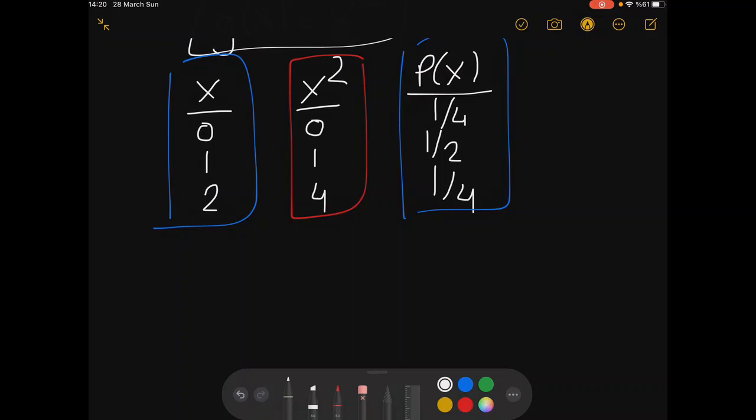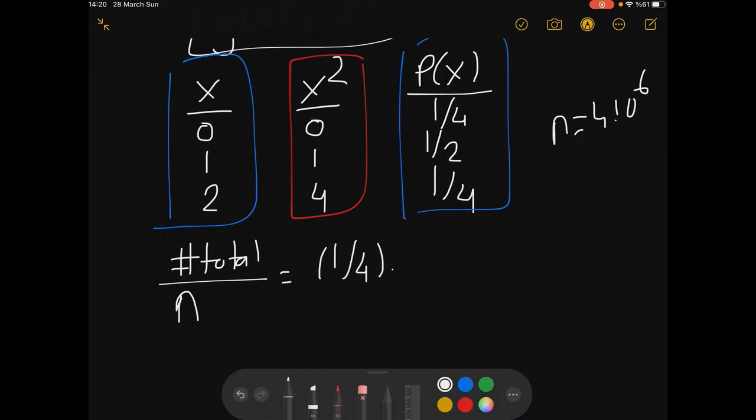And if you make the same calculation with, for example, 4 million trials, you will end up with 1 over 4 times 0 plus 1 over 2 times 1 plus 1 over 4 times 4.